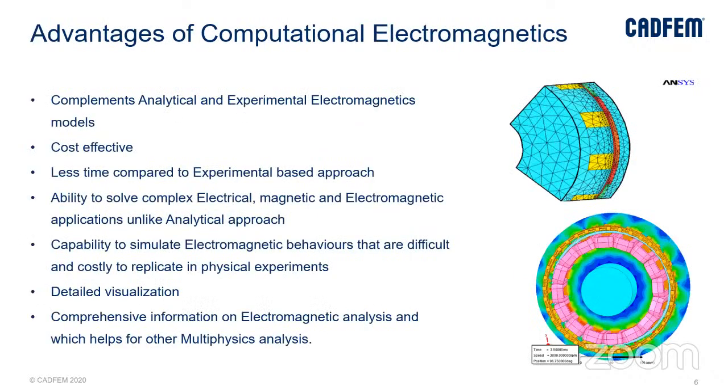My colleague Manisha has already run through the advantages of these things, so I will give a brief overview. As I said, experimental data or analytical calculations can be reduced a bit. You don't need to do all those experiments when you jump to computational electromagnetics, because it gives you a digital twin.